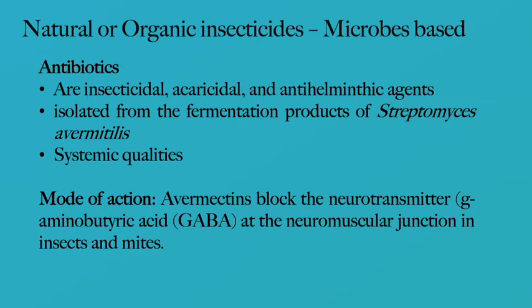Ivermectins block the neurotransmitter GABA receptor at the neuromuscular junction in insects and mites. Visible activity such as feeding and egg laying stops shortly after exposure, although death may occur several days later.